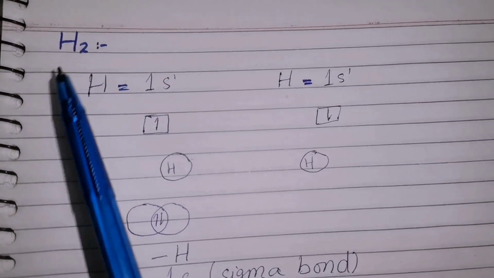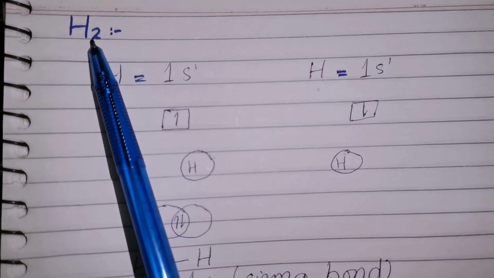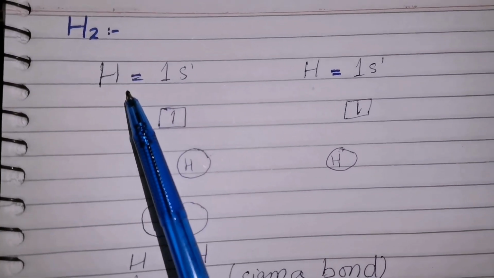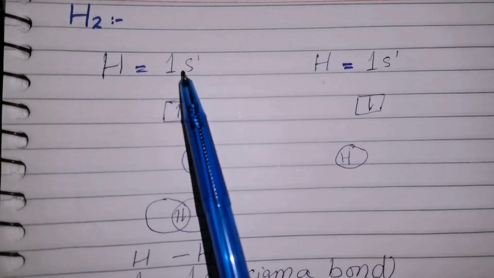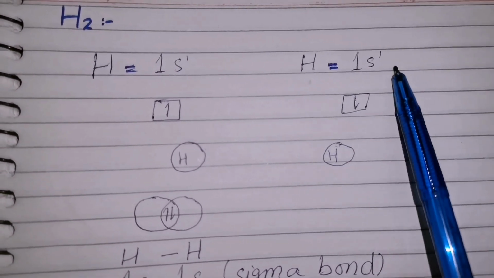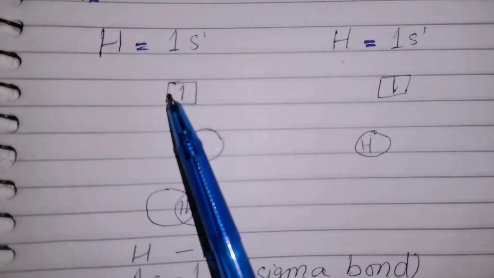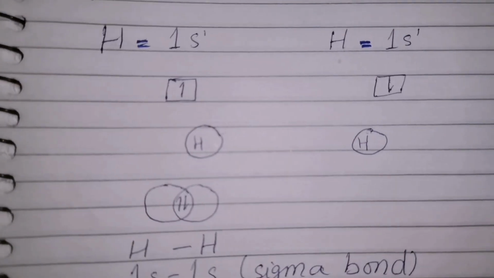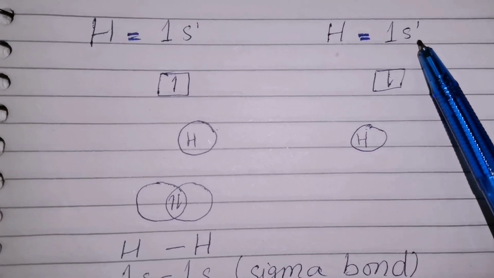The first example is H2. Here we can see how many hydrogens are present. There are two hydrogens. First we will write one hydrogen and its electronic configuration, that is 1s1. Then we will write the other hydrogen and its electronic configuration, that is 1s1 as well. Here we have drawn only one electron, and here we also have only one electron.